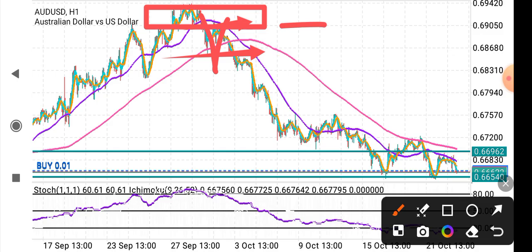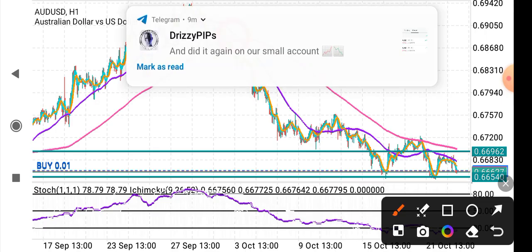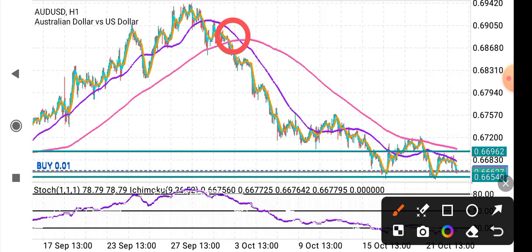So on a safe zone, we'll have to wait for these crosses. When these crosses are about to occur, then you make your entry somewhere there.